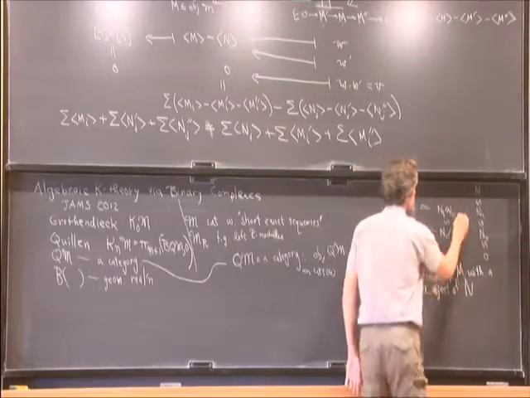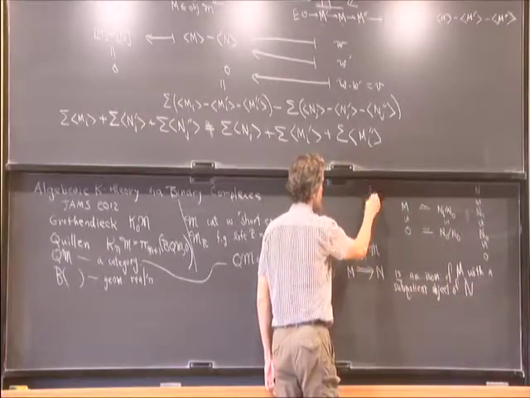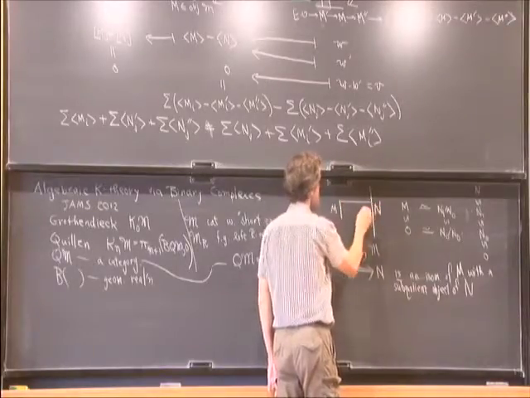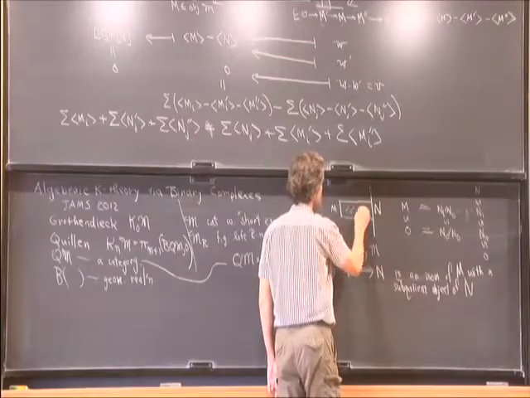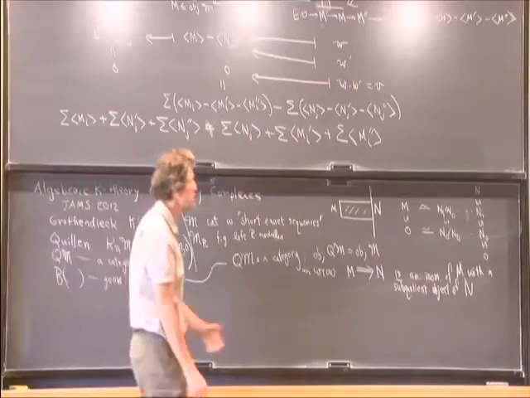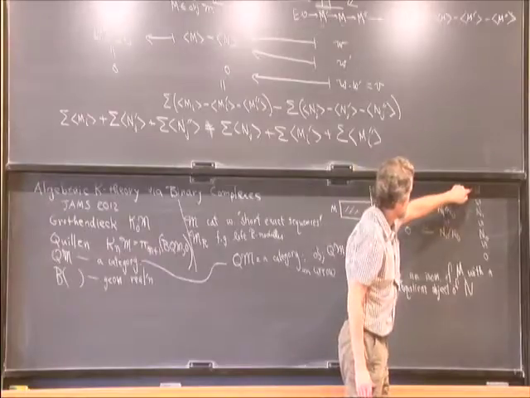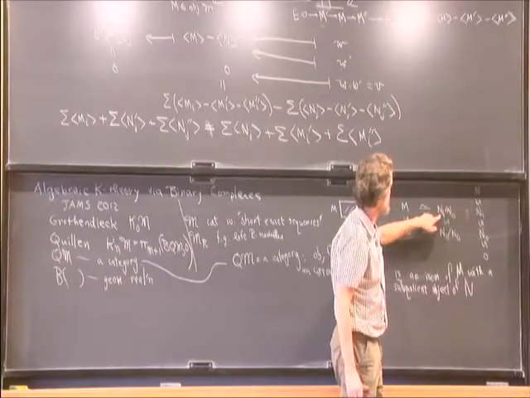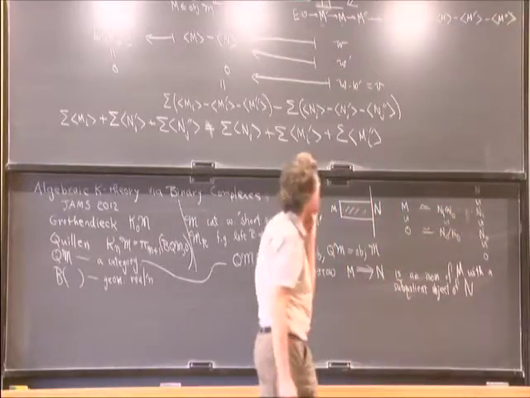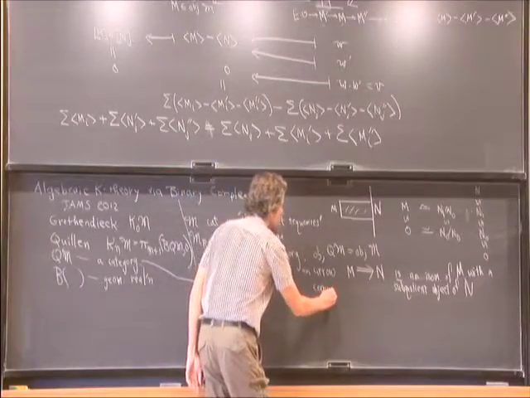And so the picture I like to draw for that is to think of N as a tall line and M as a short line, and think of N0 and N1 as specifying where M goes in like that. And you can think of this as a subobject of a quotient object. The quotient object would be N mod N0, and the subobject would be N1 mod N0. Or you can think of a quotient object of a subobject as it's written here. Either way works.